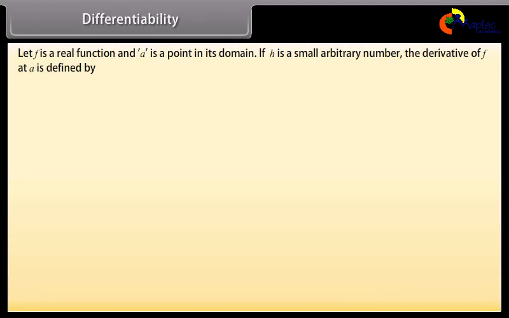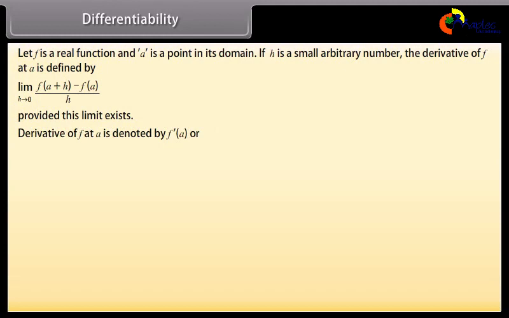Differentiability. Let f be a real function and a be a point in its domain. If h is a small arbitrary number, the derivative of f at a is defined by limit as h approaches 0 of (f(a + h) − f(a))/h, provided this limit exists.